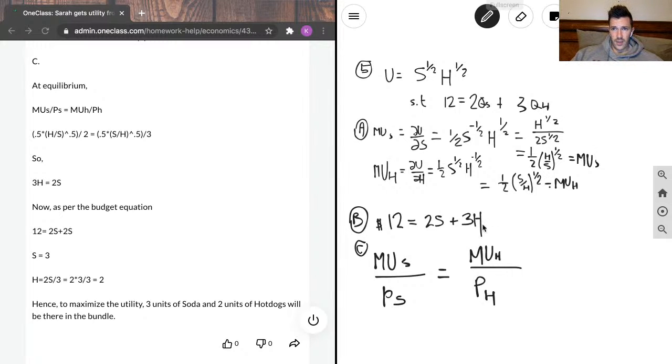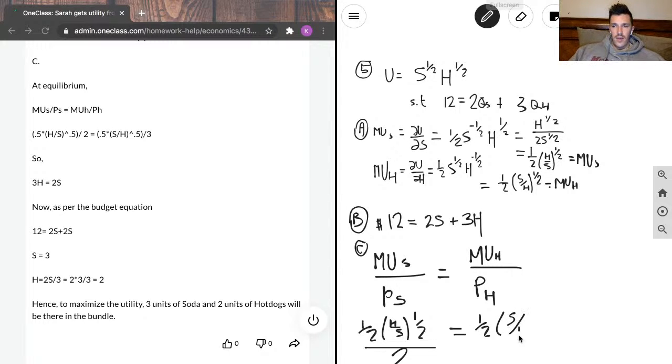So MUS is going to be 1/2 (H over S)^(1/2), over PS, which is 2, equal to 1/2 (S over H)^(1/2) over 3.